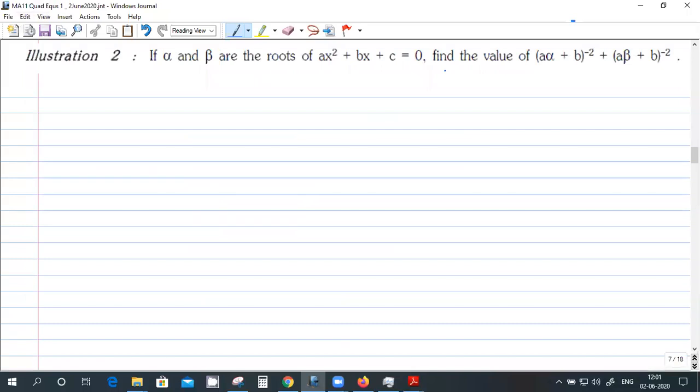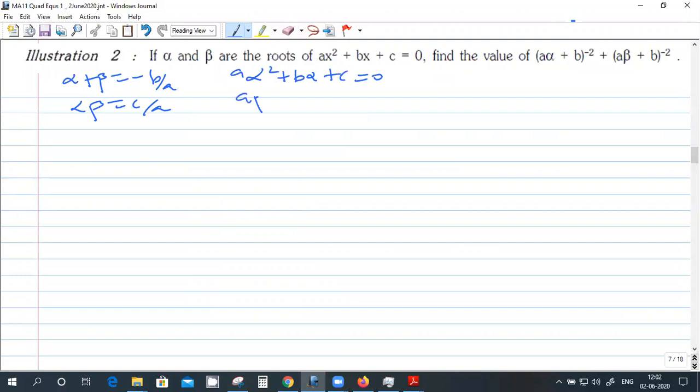Alpha and beta are roots of this one. Find the value of alpha plus B. Okay, so again we have the conditions for alpha plus beta, it's minus B by A, and then alpha beta is C by A. And you also have A alpha square plus B alpha plus C equal to 0, and then A beta square plus B beta plus C equal to 0.